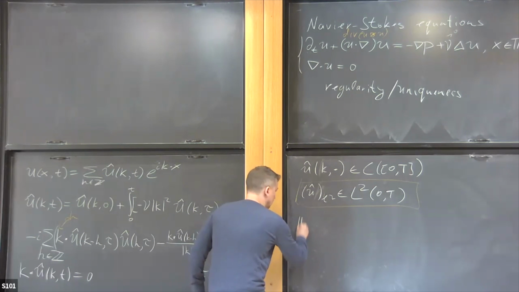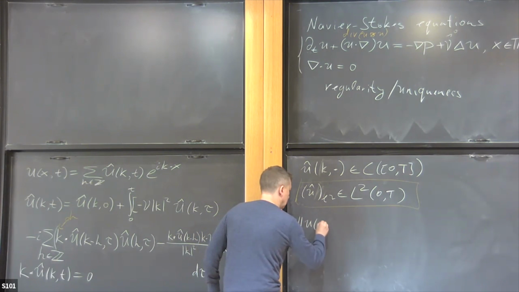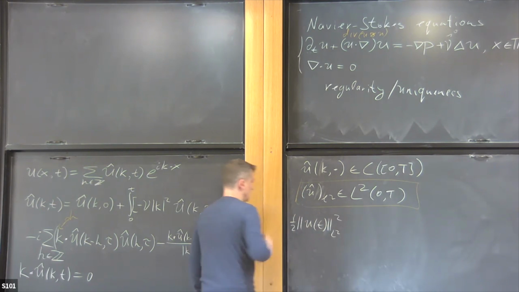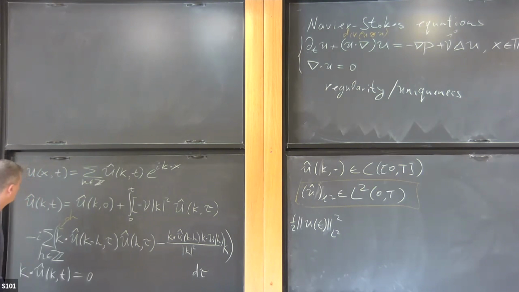Indeed, if you look at the energy, so that's the L2 norm of u squared, by multiplying your equation by u and integrating, or if you like to stay in Fourier space, just multiply with the Fourier coefficient and in this sum you replace k with h, you'll see that the sign will change, so it disappears.